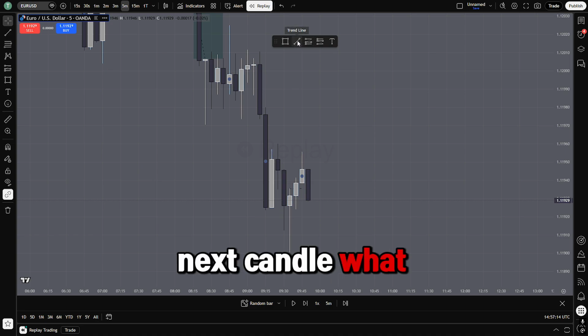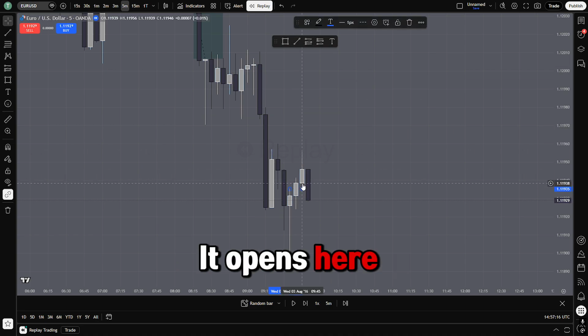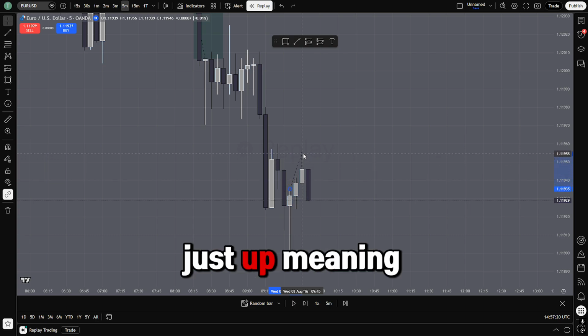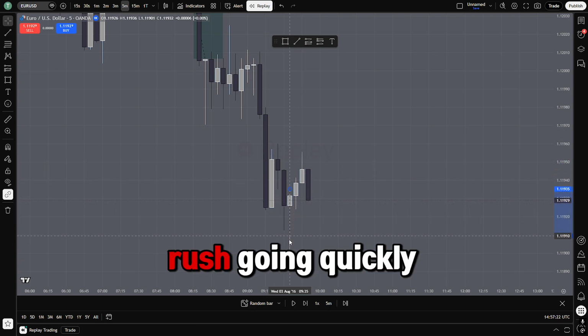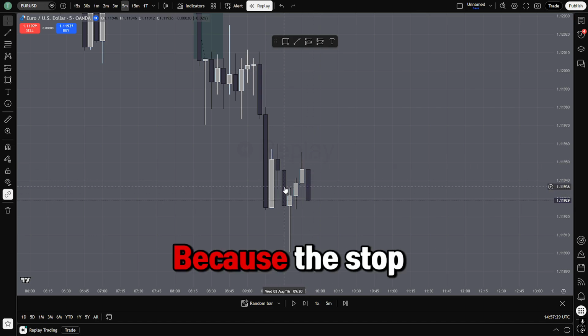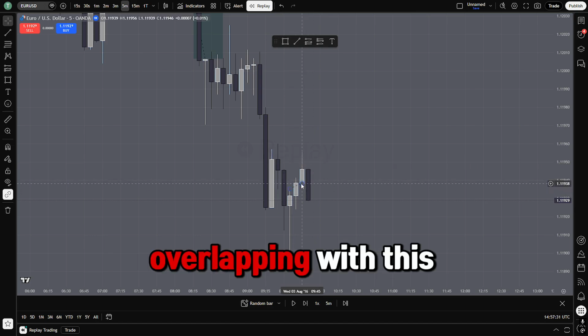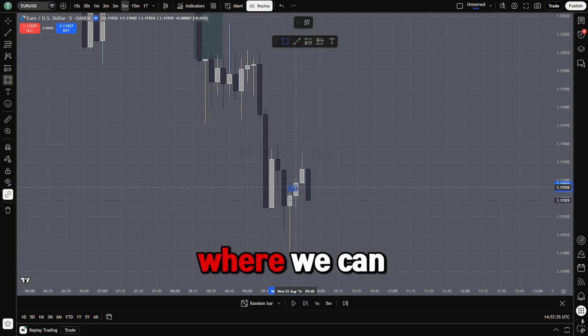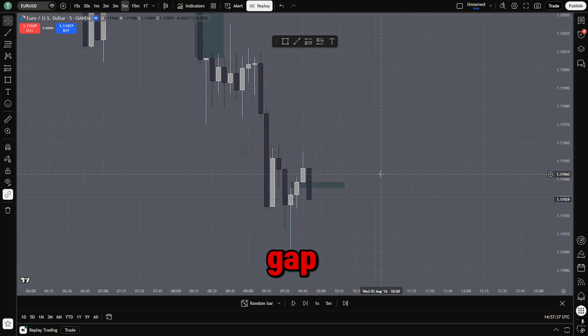So now the next candle, what happens? It opens here, it doesn't go down, it goes just up, meaning that was a really fast rush going quickly up, leaving the inefficiency exactly here. Why? Because this top wick is not overlapping with this low wick. So this is where we can finally draw our gap.